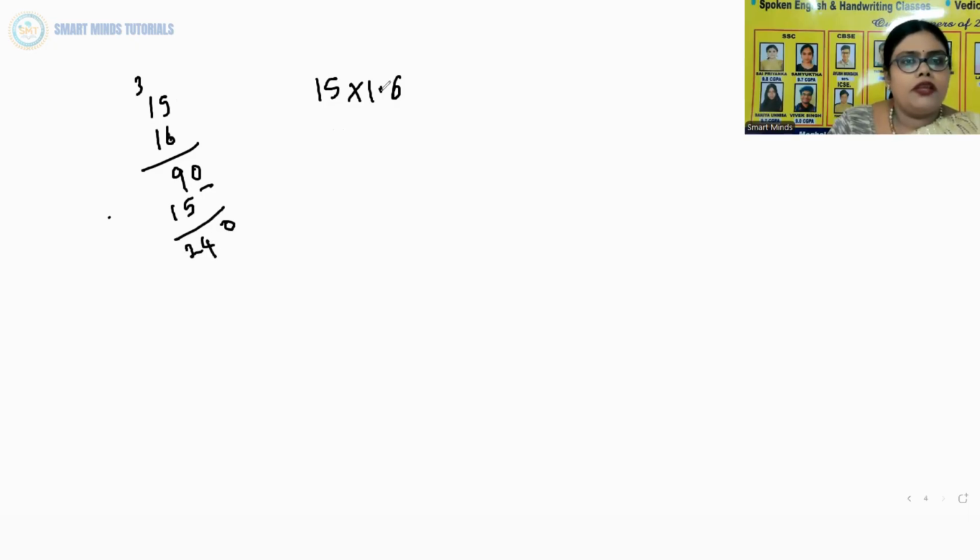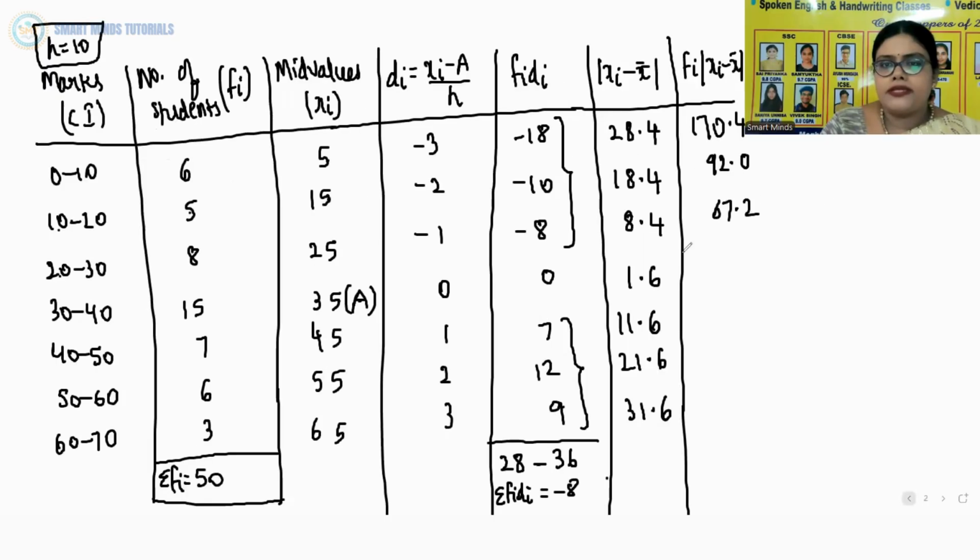Now here after the decimal you have one digit, so here before the decimal we will put a point. This is the way of multiplying decimals. Understood? Whenever you have two digits, directly we don't multiply like we have done in the last ones. We will multiply without the decimal first. 15 into 16 is 240. Before one digit we will put a point, because here after the decimal you have one digit. So the answer is 24.0.